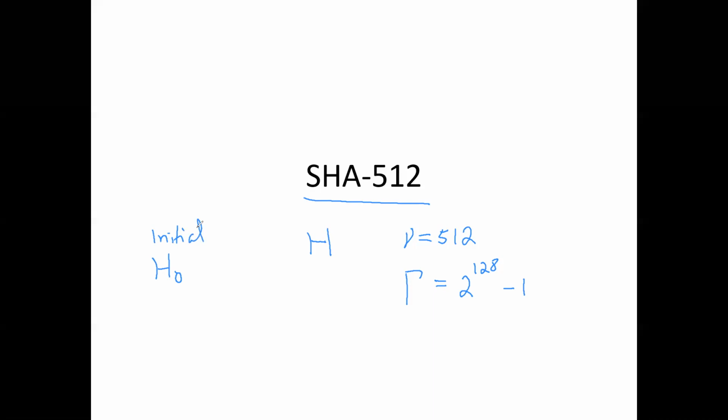We are interested in how SHA 512 defines this initial value for the hash value, and then we also want to know how the compression function is done. So this is Mi, this is H i minus 1.